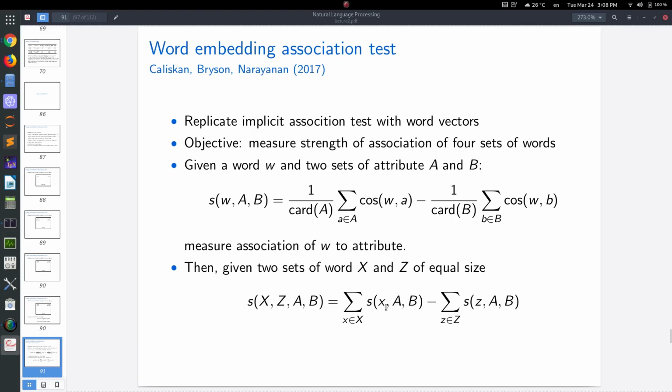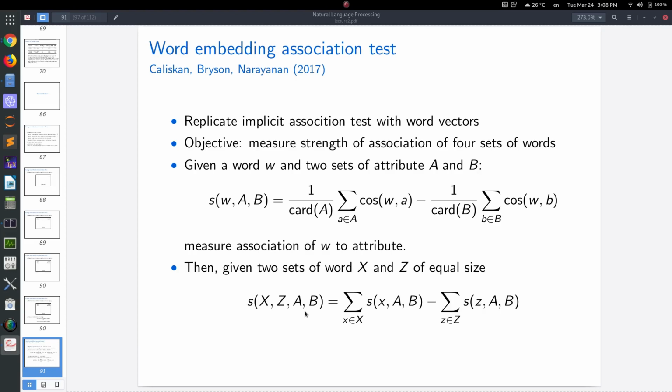So we're going to compute the association strength for each word in X with respect to the sets A and B, and then we'll also compute the association strength of every word in Z with respect to the sets of features A and B, and the value that we're going to get in the end will tell us how different these two sets are with respect to the features.